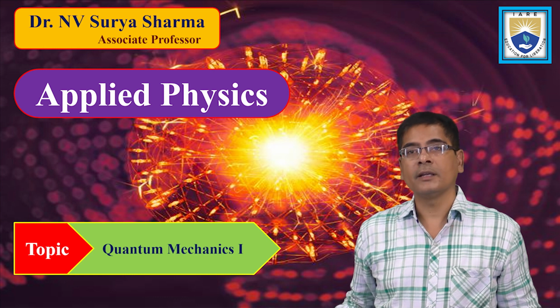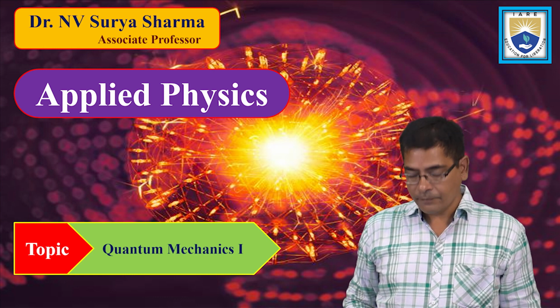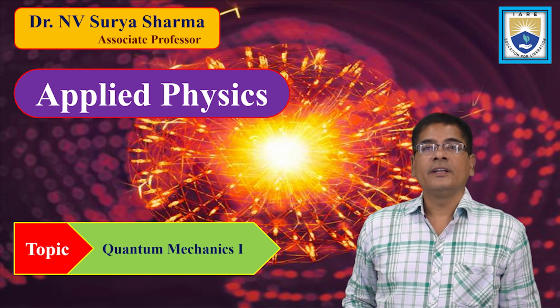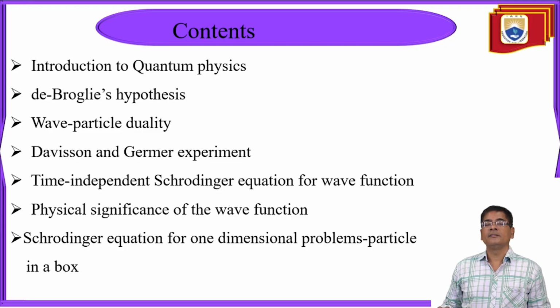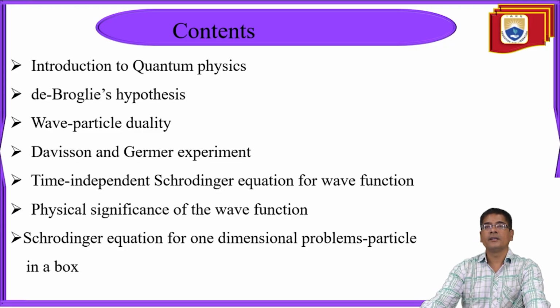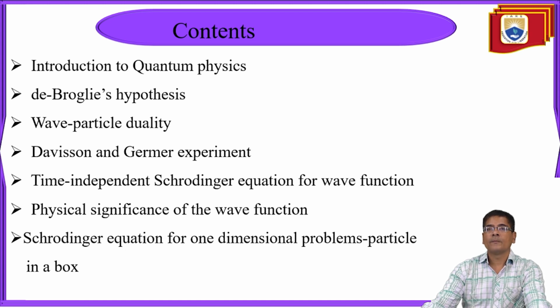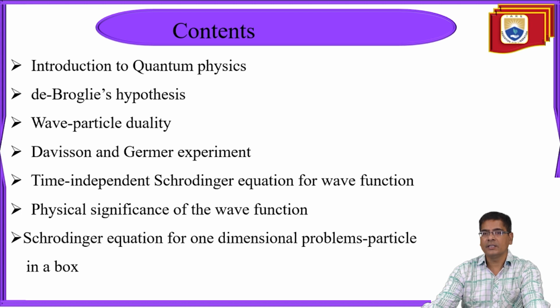So the first part is quantum mechanics. Let us see what the contents in quantum mechanics are: introduction to quantum physics, de Broglie's hypothesis, wave particle duality, Davisson and Germer experiment, time independent Schrodinger equation for wave function, and we need to understand the physical significance of the wave function.